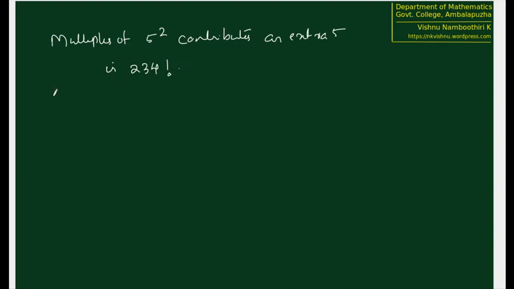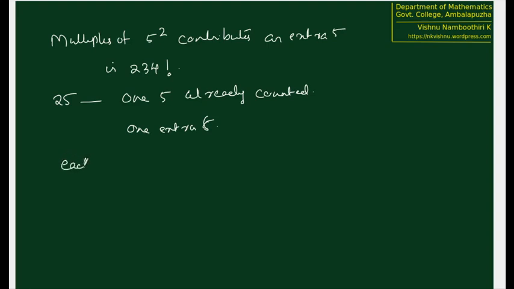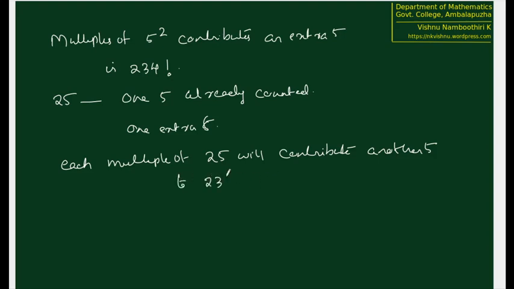That means, for example, suppose 25: already one 5 we have counted, now one more 5 is there, one extra 5. Therefore each multiple of 25 will contribute another 5, in addition to the already counted 5, to 234 factorial. Now how many multiples of 25 are there?